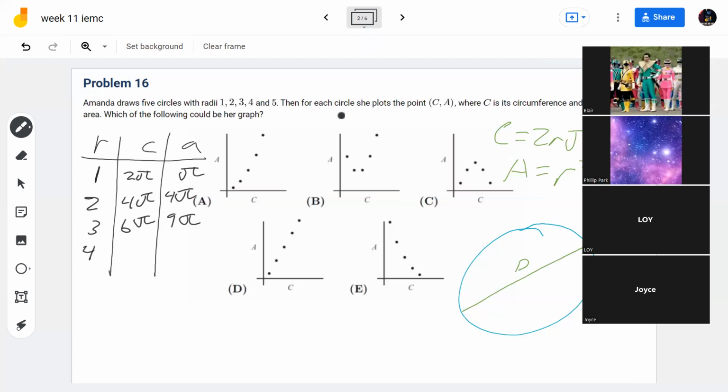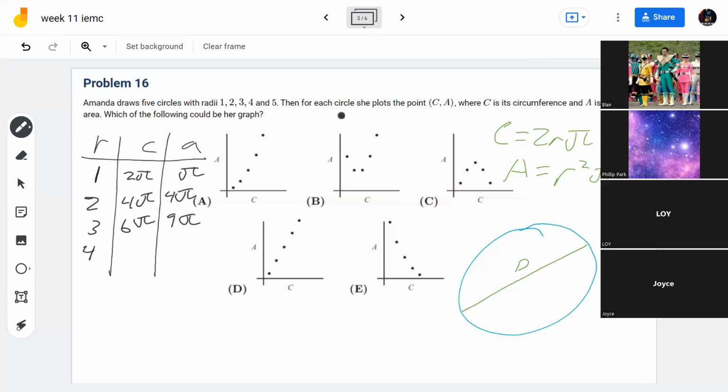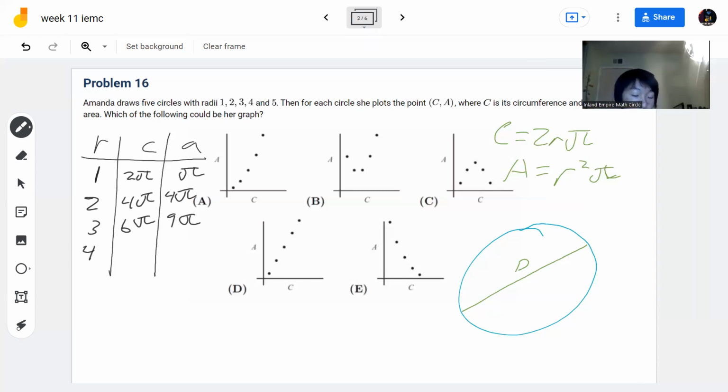Anyone? All right, for 4, same thing, plug it in. We get 8 pi for the circumference and 16 pi for the area. For 5, the circumference is 10 pi.